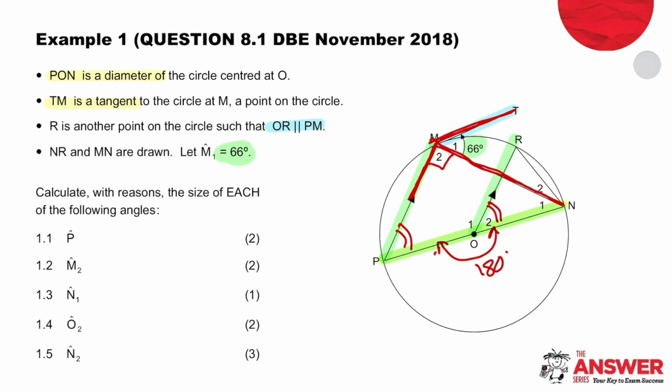So immediately, it should trigger the clue that we are going to use the tan chord theorem here, because the angle between the tangent and the chord is always equal to the angle which that same chord subtends on the circle. So this chord that we are working with is incredibly important. If we take the chord MN, it forms an angle with the tangent on the one side, and it forms an angle on the circle on the other side. Those angles are equal because of that tan chord theorem.